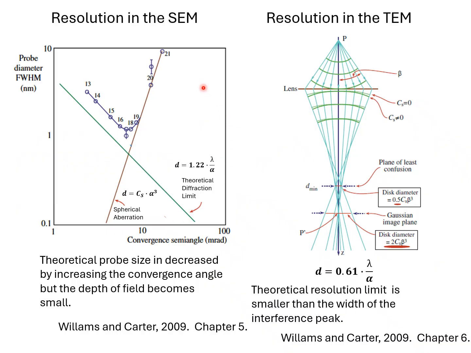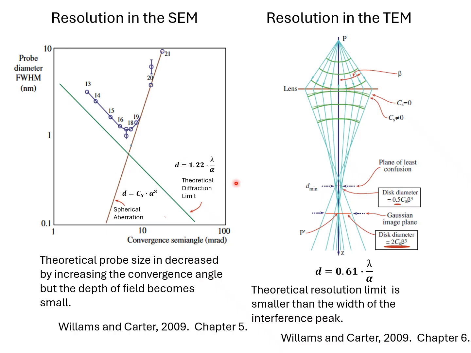So depth of field, or the resolution, is related in part to the focusing ability of the electron optics and getting a small beam, but it's also limited by diffraction effects. As we showed earlier, we have this peak which shows up from Fraunhofer or even Fresnel diffraction, more the Fraunhofer, whether you have a lens or not, and the peak has a certain width depending on the aperture size.